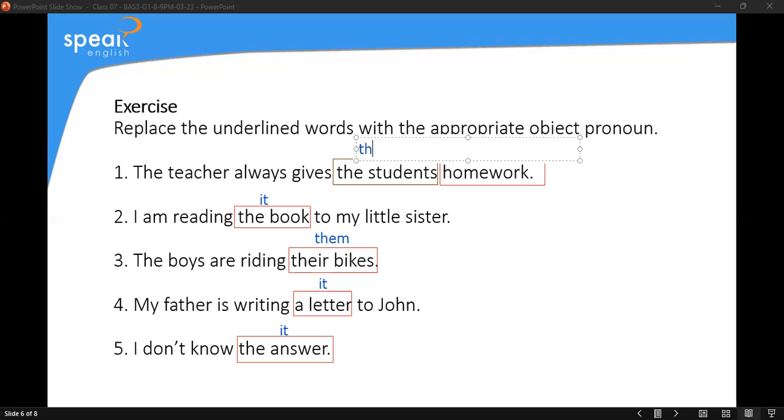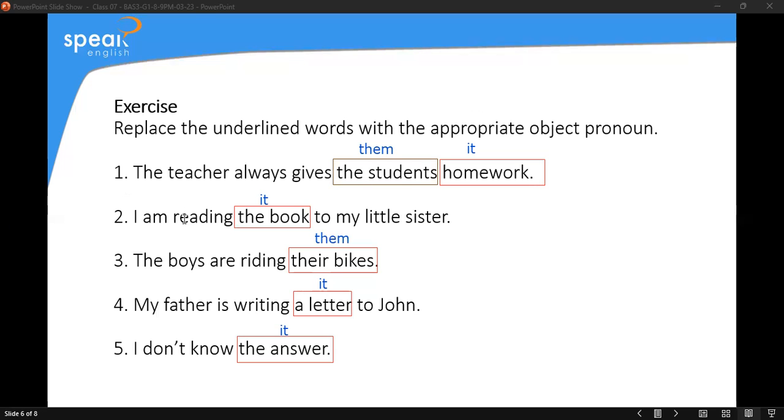Them. Okay, so as you can see, I can change the information. The teacher always gives them it. It sounds weird, but it is possible. Okay, the teacher gives the homework to the students. Okay, the students receive the homework.